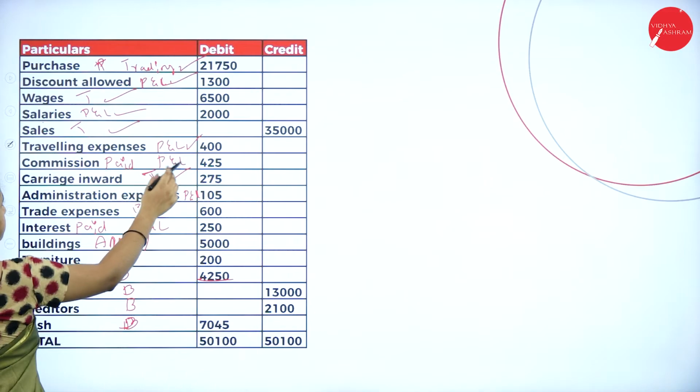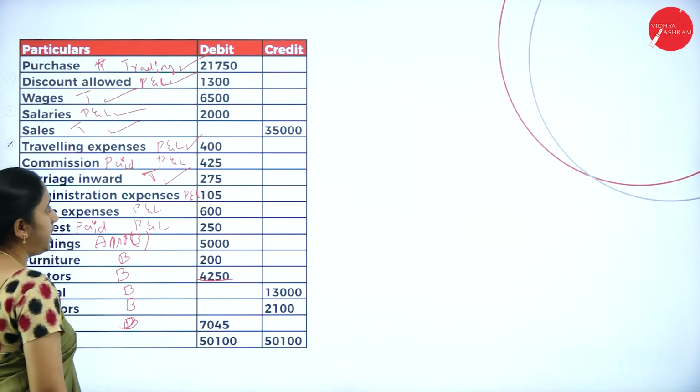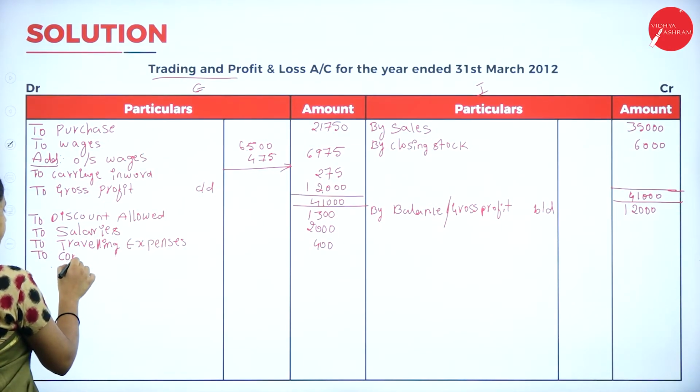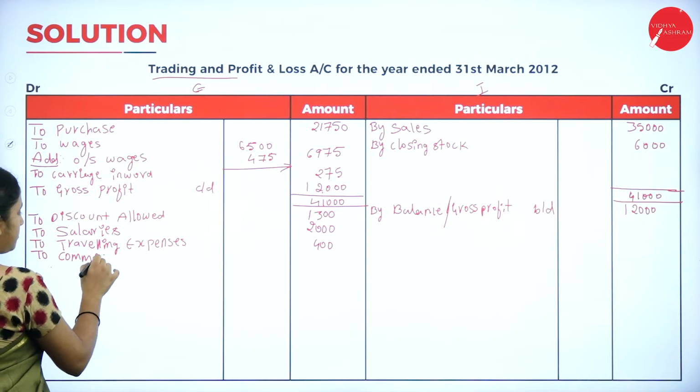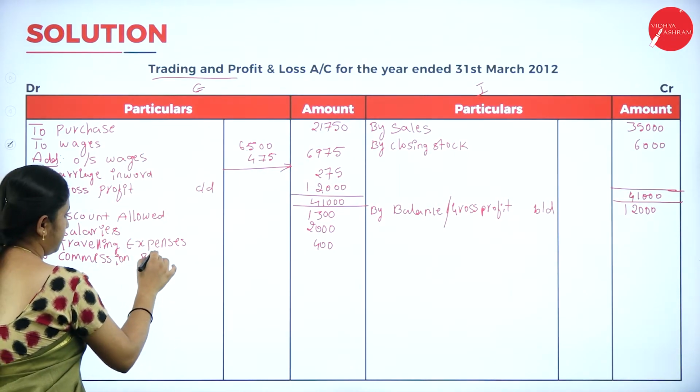Next, commission paid. Commission paid is an expense. Debit side, to commission paid 425.